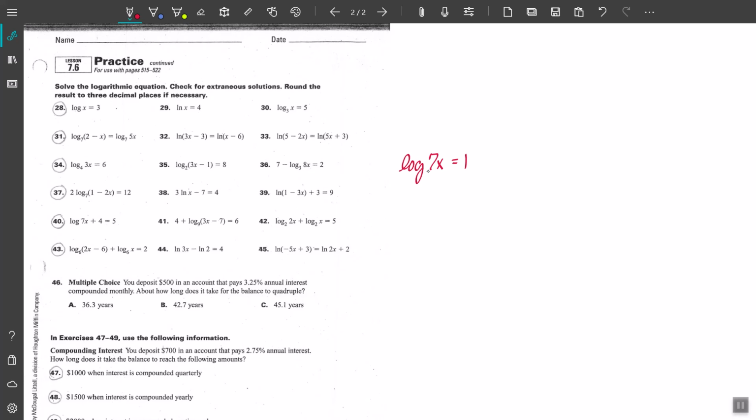The base is not recorded, so we know it's 10. So we're going to say 10 to the first power equals 7x. And now we just solve for x. All right, so that one's pretty straightforward. Some of these are pretty straightforward.